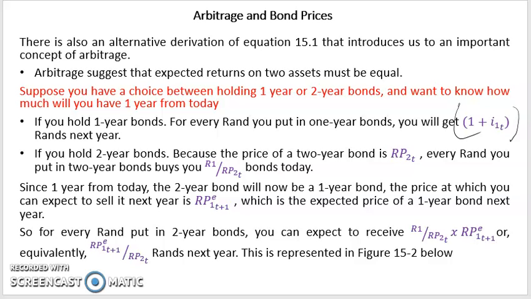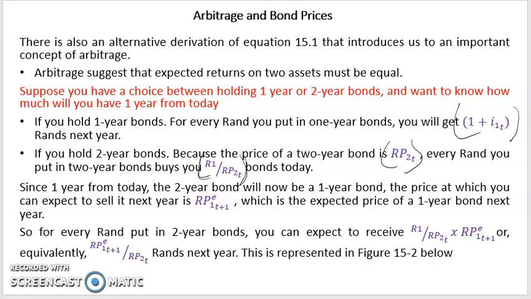Secondly, suppose you hold a 2-year bond, whose price is P2T. Every Rand you put into your bond buys you 1 Rand divided by the 2-year price of the bond today.